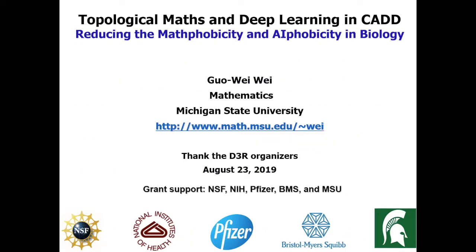Actually, an alternative title for my talk is to reduce the mass phobicity and also the obesity in biology. I mean, there's actually quite a good reason for saying that. Last year, I was targeted by people from Huawei. Probably you heard about it. This is a company at the center of the US and China trade war.